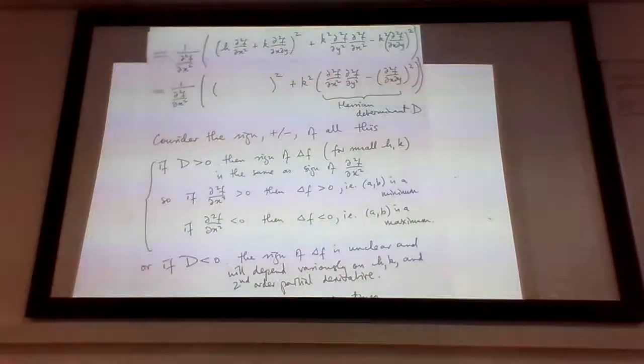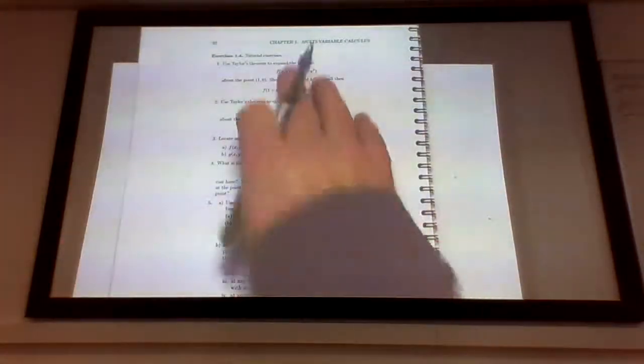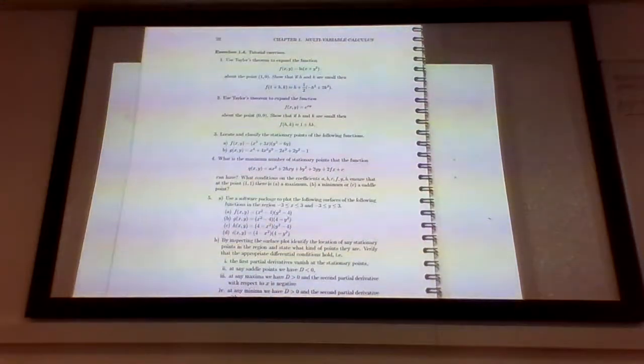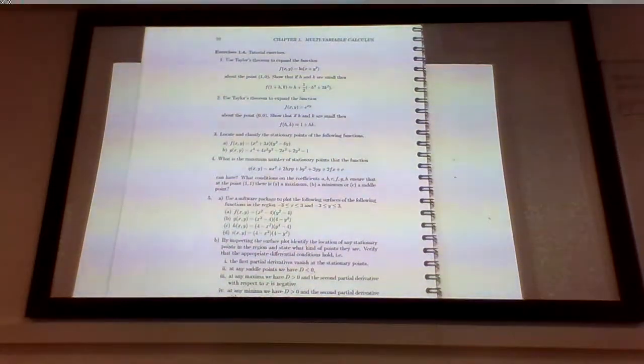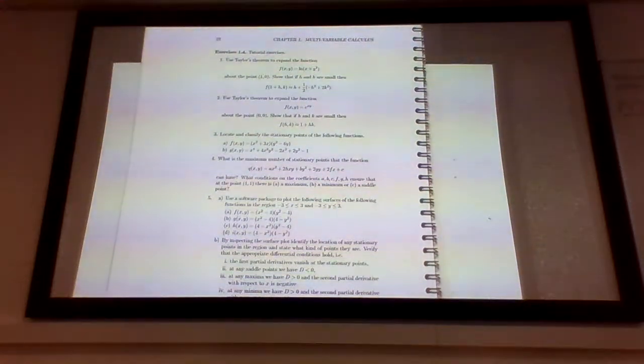So for the upcoming tutorials, just keep working on the tutorial exercises in 1.4. Begin work on the coursework. Certainly, any queries you might have about the coursework, do feel free to approach me or your tutor about them, just to see if there's any clarification they can give you on it. Okay?